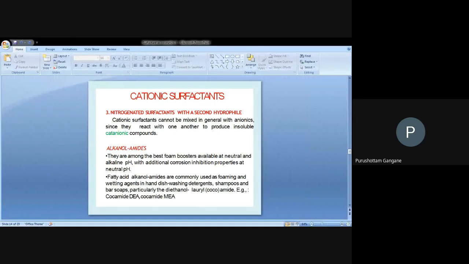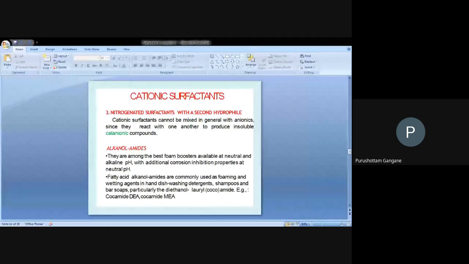Which type of compound is produced? What is the name of that compound? Cationic. Okay, it is the combination of cationic and anionic. So this new terminology is used when cationic and anionic are mixed together. So the compound produced is called a cationic. Okay, so it indicates the combination of both.